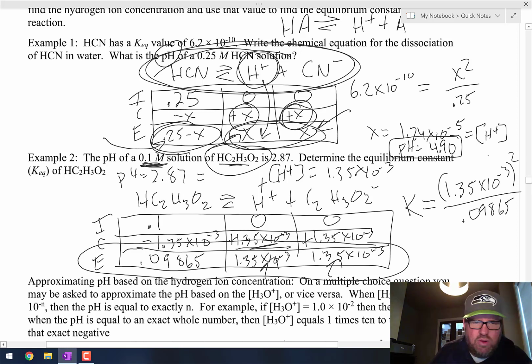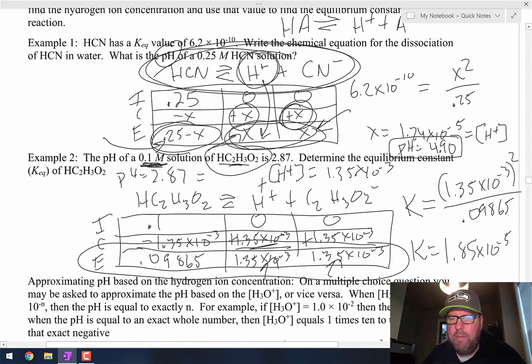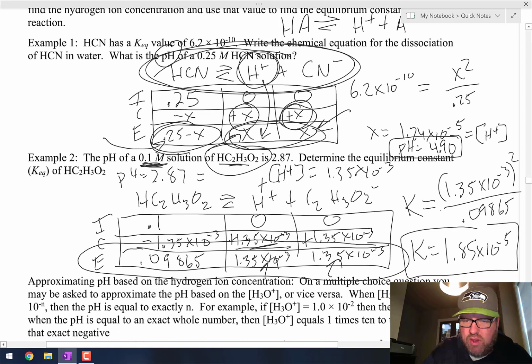And yes, if you leave that answer as 0.1, they will mark it wrong on the AP test. So 1.35 times 10 to the minus third squared divided by 0.09865 equals an equilibrium constant value of 1.85 times 10 to the minus fifth. And that is our equilibrium constant.